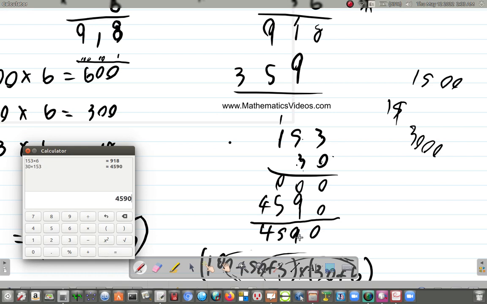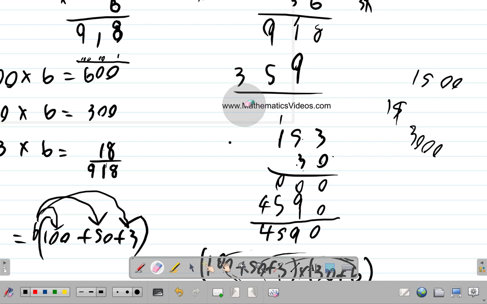Right? If you check it with the calculator, 30 times 153 gives you 4590. Up here, 6 times 153 gives you 918. And then you add the 918 to the 4590. This is how I got confused earlier.